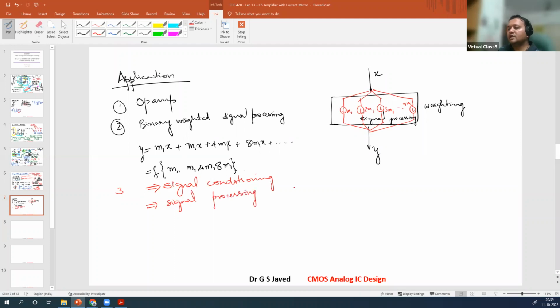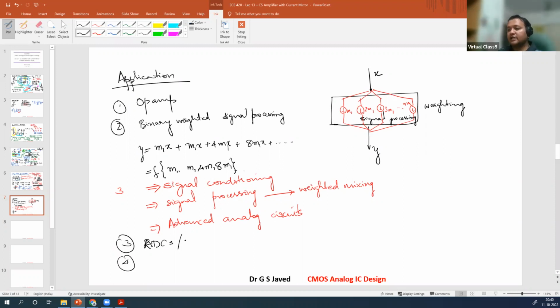the signal processing can be weighted mixing, when you have to give certain weights. And this circuit further will be used in all advanced analog designs, advanced analog circuits, like op-amp, binary signaling. Third, you will see ADCs, because you need to sample.